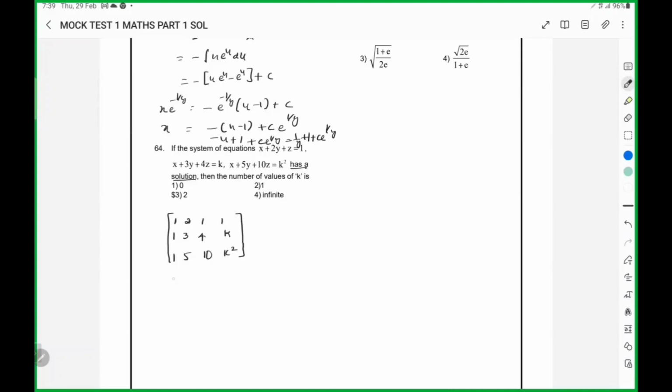So here, let us replace R2 with R2 minus R1, and R3 with R3 minus R1. Then you have 0, 1, 3k minus 1, and 0, 3, 10 minus 1, k square minus 1.